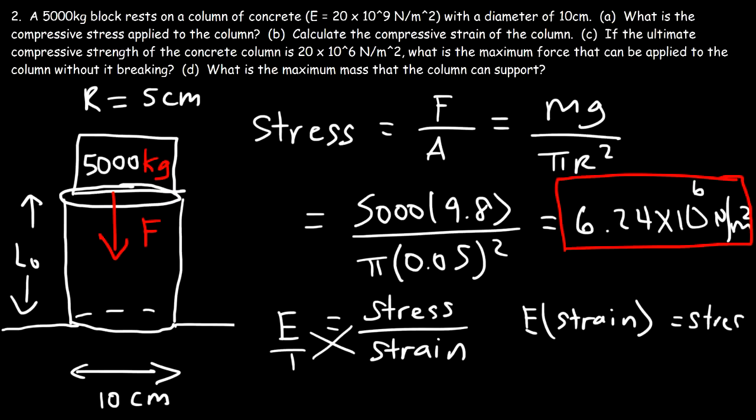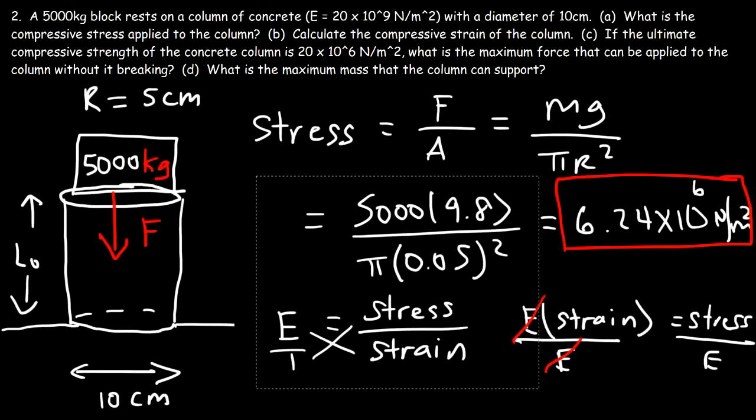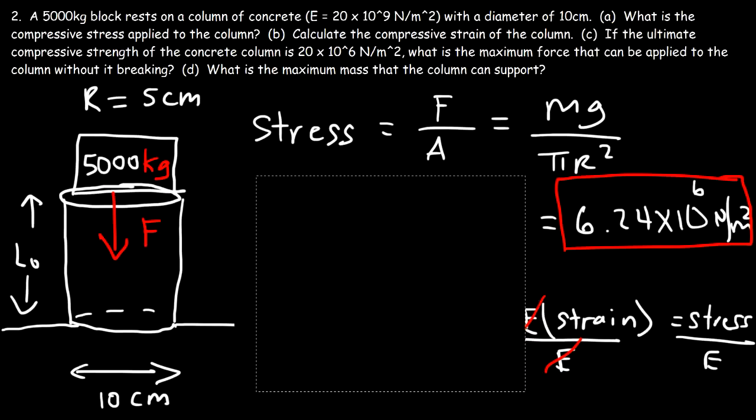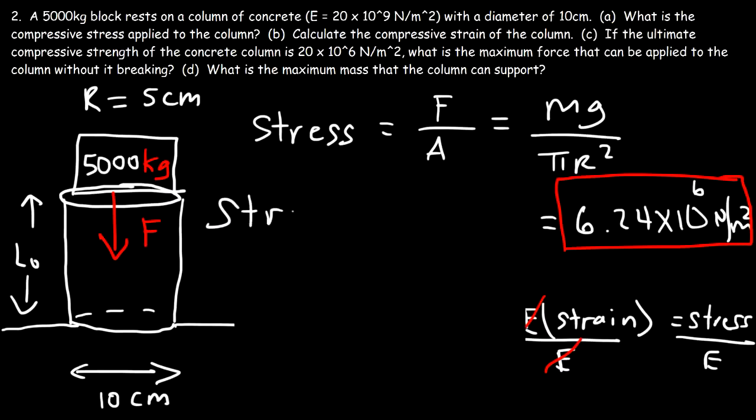So if we divide both sides by E, the elastic modulus, then that will give us the strain. So we can calculate the compressive strain by taking the compressive stress and dividing it by the elastic modulus.